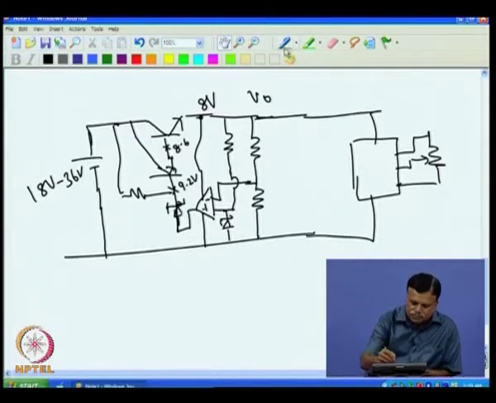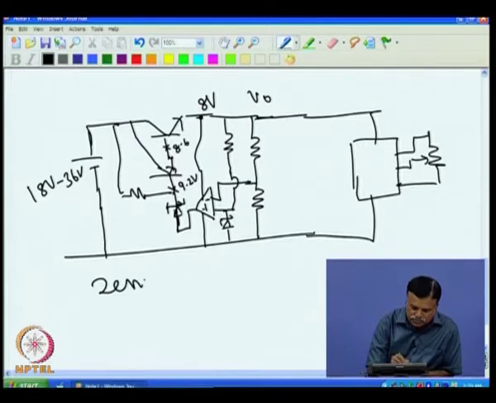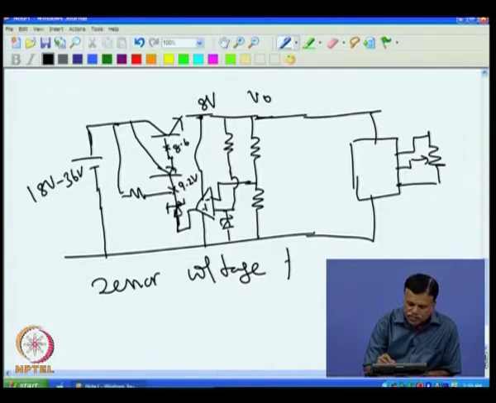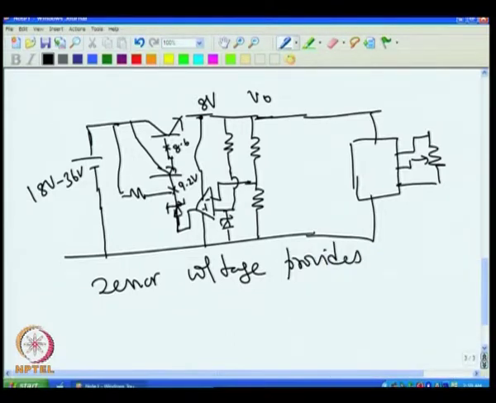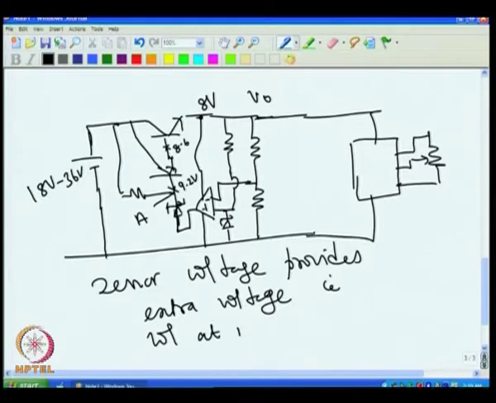So, essentially the Zener voltage provides the extra voltage. Say we call this point A. So, the voltage at A is equal to the op amp output plus the voltage across the Zener.